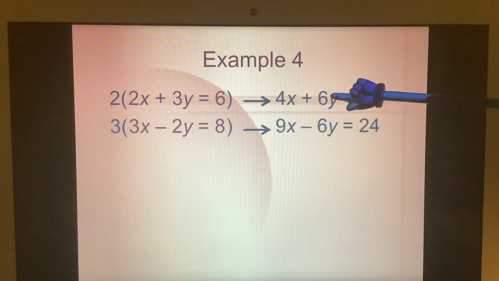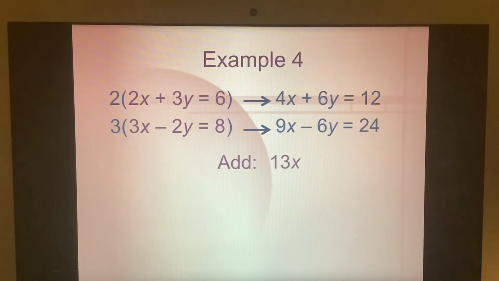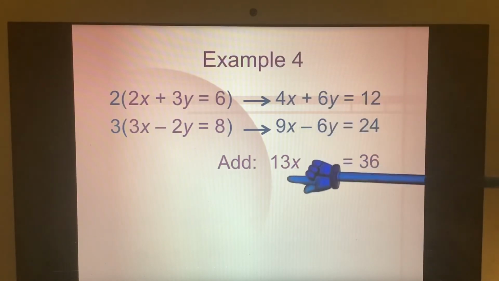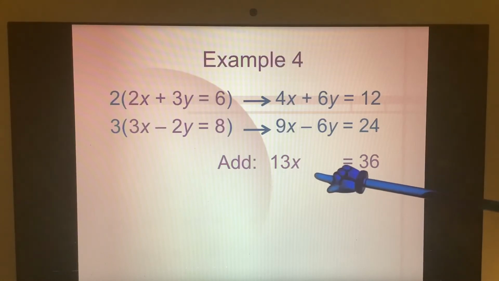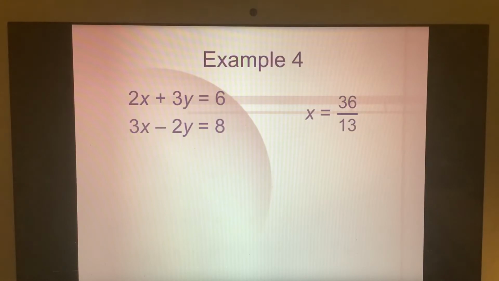Okay, and this is plus 6y, this is minus 6y, and then that will give me a 0. And then 4x plus 9x is 13x, and that's equal to 36, because 12 plus 24. And then my x is 36 divided by 13, or 36 over 13.